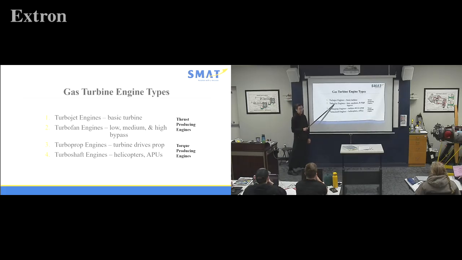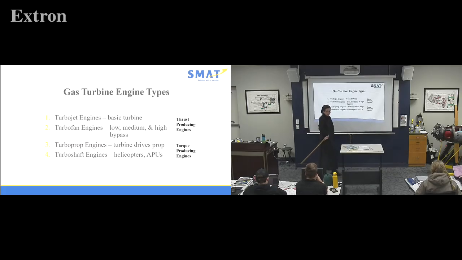Turbofan, now you add the fan out in the front, and you can have low, medium, or high bypass, depending how big your fan is compared to the core of your engine. Turbojets and turbofans are called thrust producing engines because they're just being driven forward by the thrust out the back of the engine.